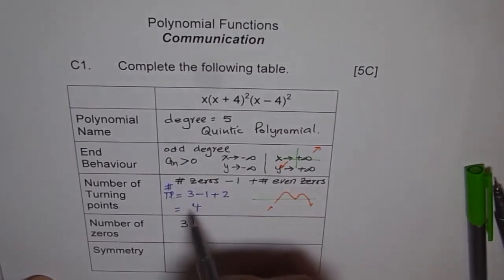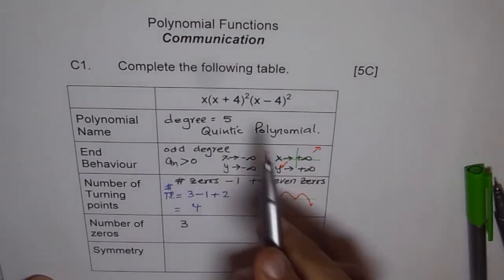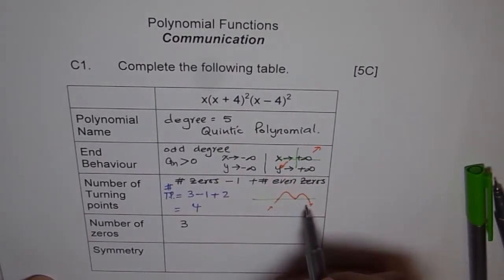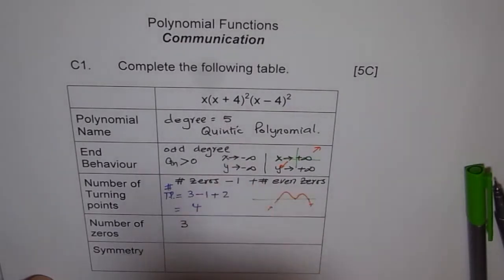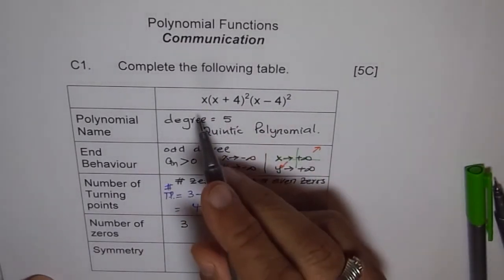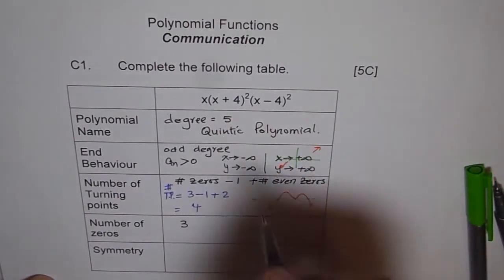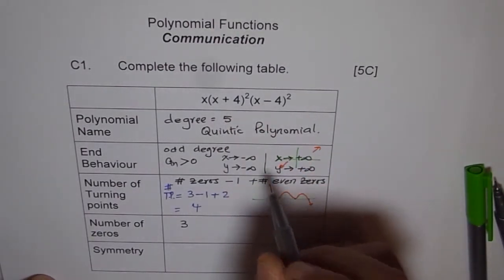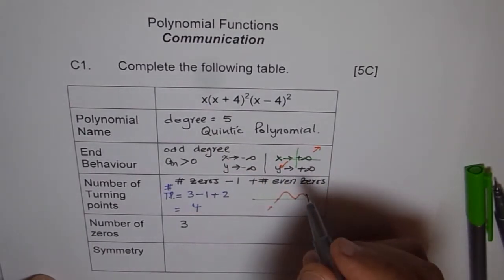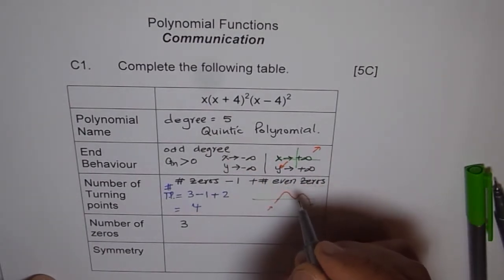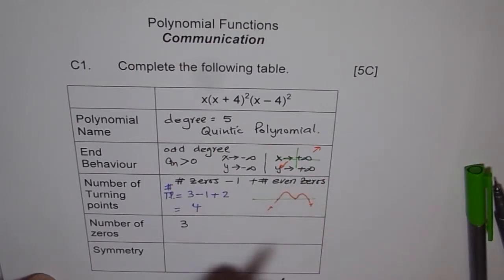So can you sketch this graph? This is definitely not this graph, right? It's a degree 5, and I have only shown degree 4, right? Yes. So here we have a single zero at x, right? And two zeros at plus and minus 4, correct? So let's forget about this, right?